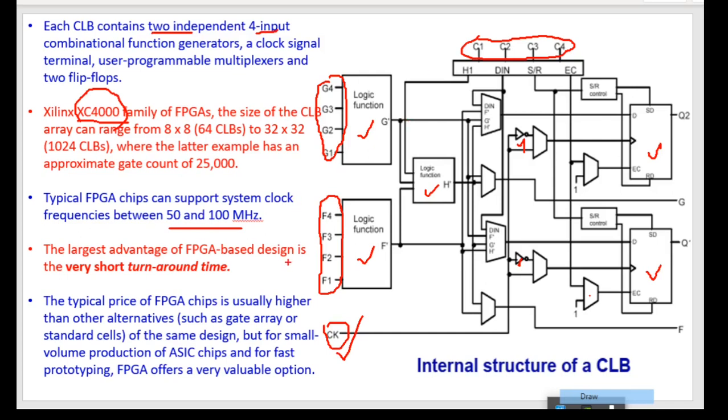The largest advantage of FPGA design is very short turnaround time. Like I said, if you know the coding in Verilog or VHDL, you can have your hardware realization in a matter of a few minutes or a few hours. Even if you don't know Verilog or VHDL, you can still realize the hardware on an FPGA chip by using other languages like C or MATLAB or even Python.